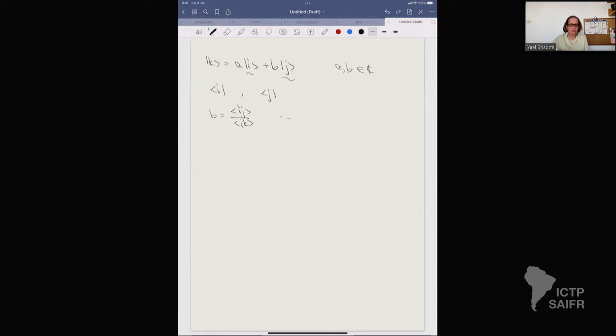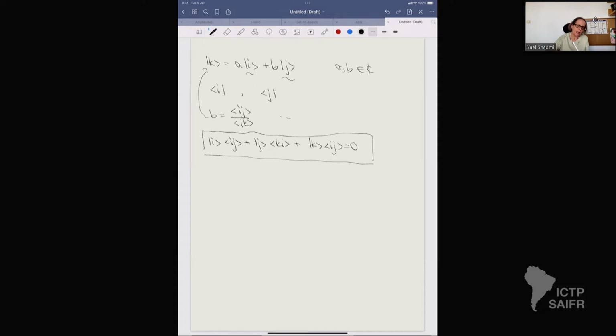When we plug this B back into the equation, we get the following: |i⟩⟨jk⟩ plus |j⟩⟨ki⟩ plus |k⟩⟨ij⟩ equals 0. This is a very powerful relation between any three spinors.